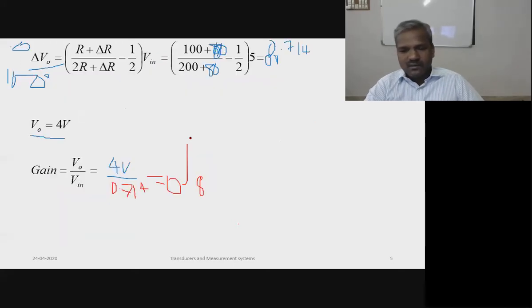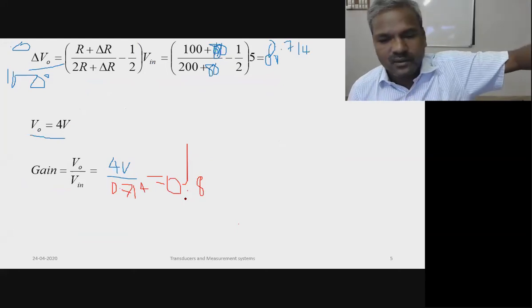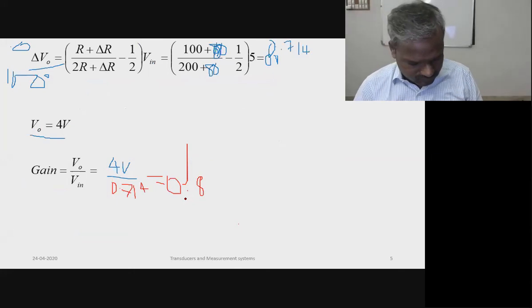Sorry, wrong calculation, I think. 4 volt divided by 0.714.